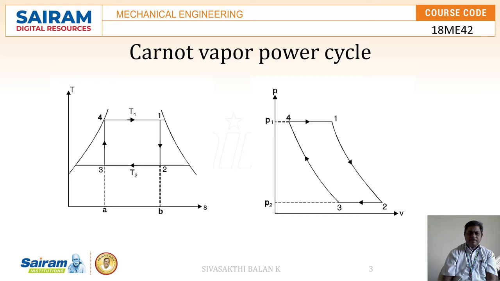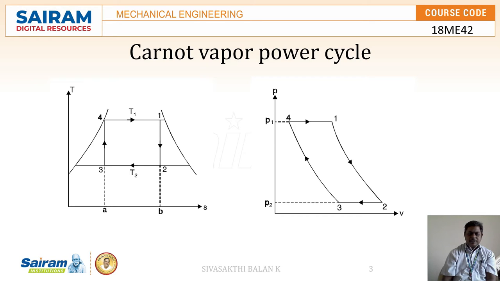In the TS diagram, you can observe that the complete cycle falls between the saturated lines of the graph. So the properties of the steam are completely assumed to be in wet condition.